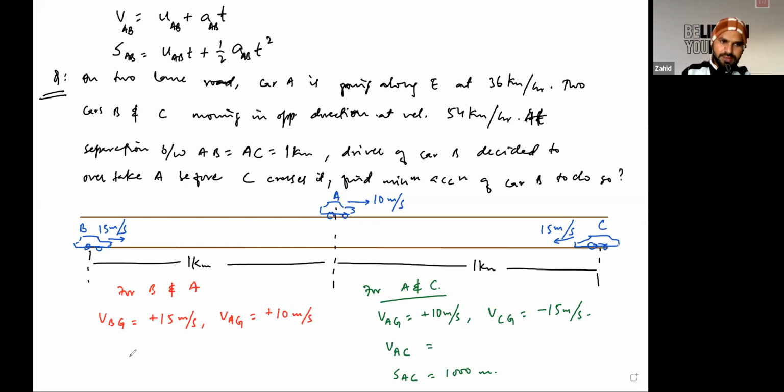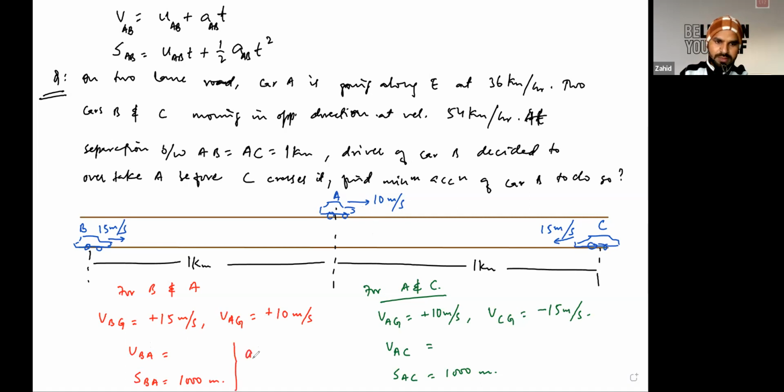So first find the velocity of B with respect to A. This will act as the initial velocity between A and B. The displacement of B with respect to A is also 1000 meters. And since only B is accelerating and A is moving with constant velocity, its acceleration will be 0.